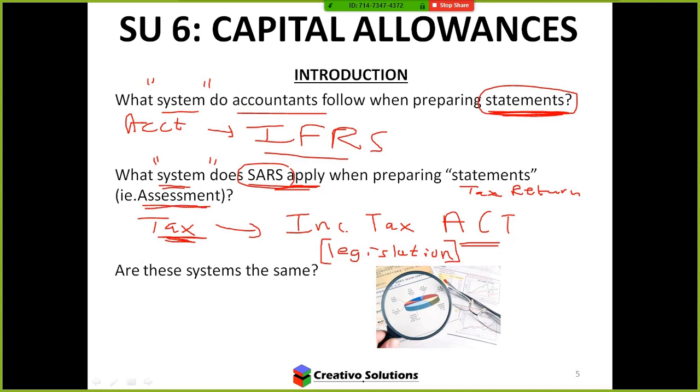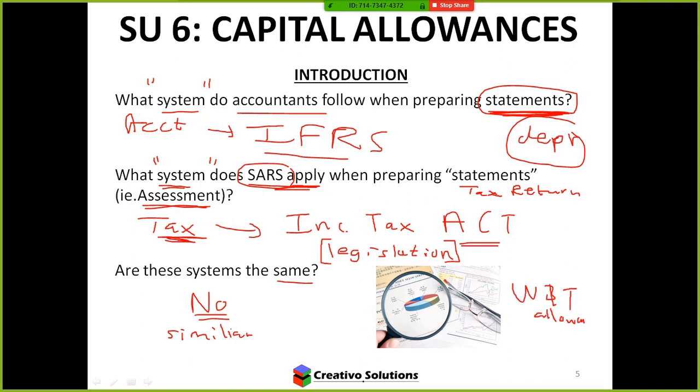So are the systems the same? The answer is obviously no. They're very different, but they're similar, and that's what we need to look at. Similar because in accounting we have something called depreciation, and in tax we have something called wear and tear allowances. Are they the same?